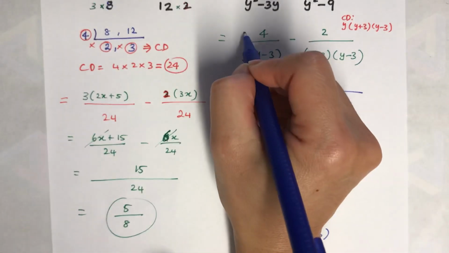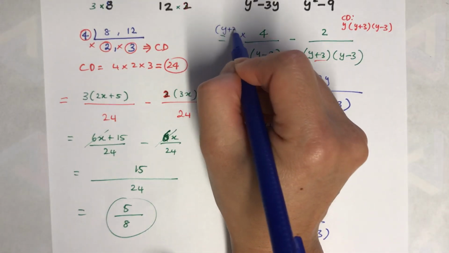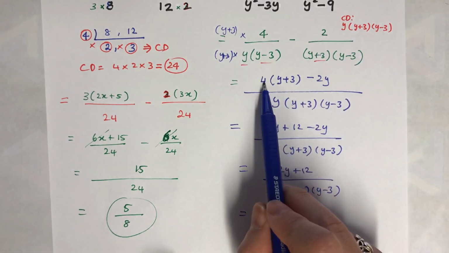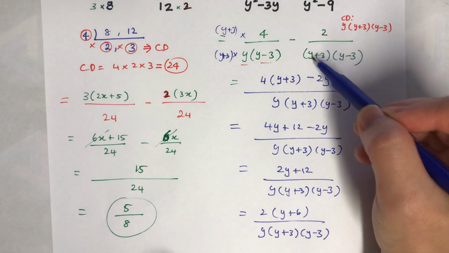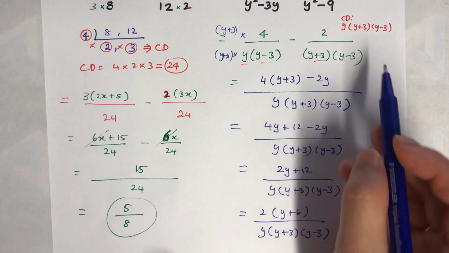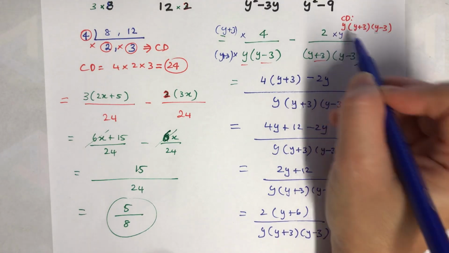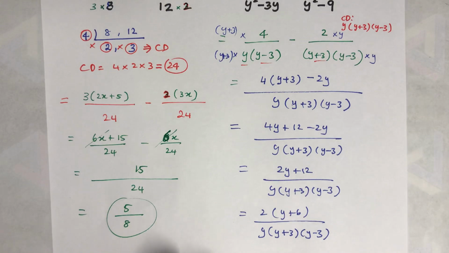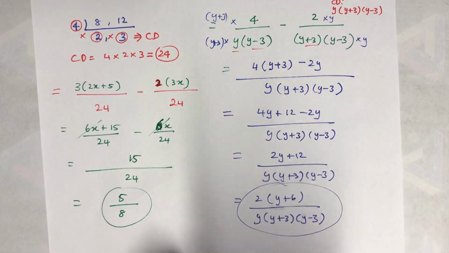So what I've done here is times by y plus 3 on the top and bottom, so that's why I got 4 times y plus 3. And here, what do I need to make it into the common denominator? I just need y, don't I? So it's just y times y. And then I will get the common denominator. So that answer is this. Well done.